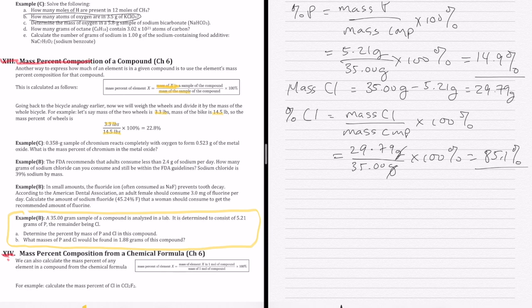For B, it says what mass of PNCl would be found if you have 1.88 grams of this compound. So this is really using that same definition of percent mass composition and then just solving for something else instead of the percentage. So the way I would solve this for percent P is remember that percentage means that it's the same percentage whether you have a lot of materials or a little bit of materials.